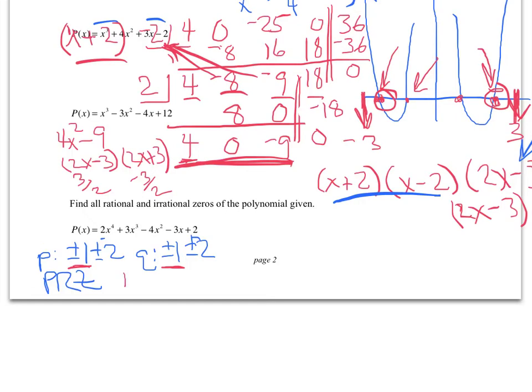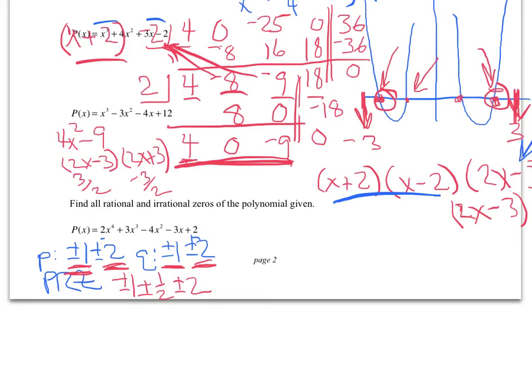Of course, you get plus minus 1. And then plus minus 1 with plus minus 2, you get plus minus 1/2. And now using the 2, you get 2 with the 1, and it's plus or minus 2. And then when you pair up the 2 with the 2, you just get plus minus 1, which is already on the list. So we have 6 possible rational zeros.